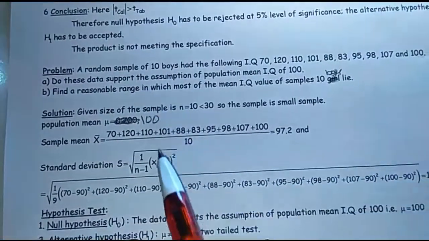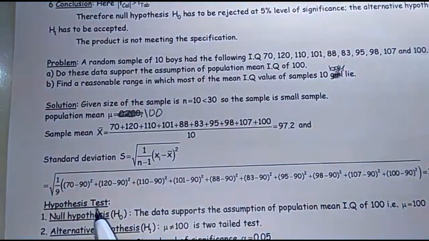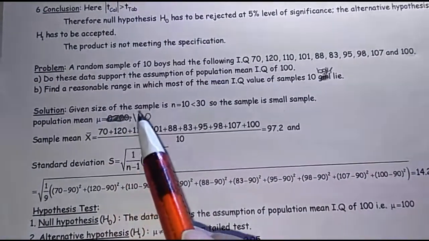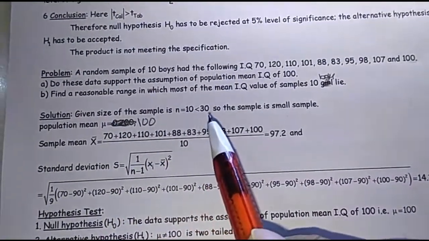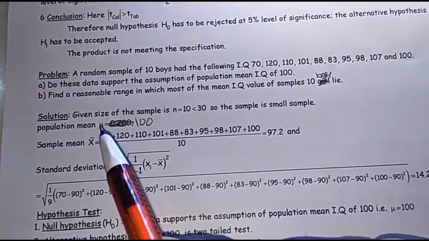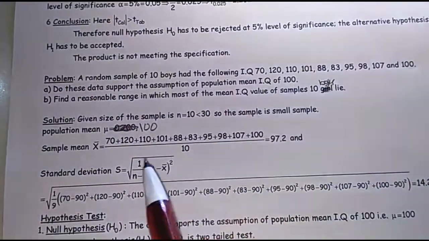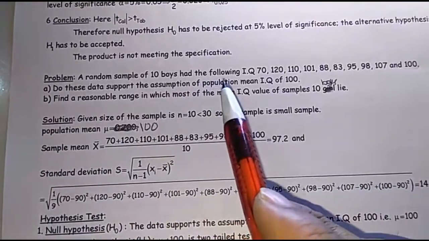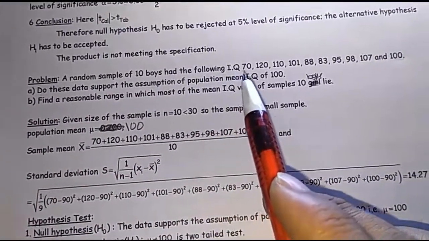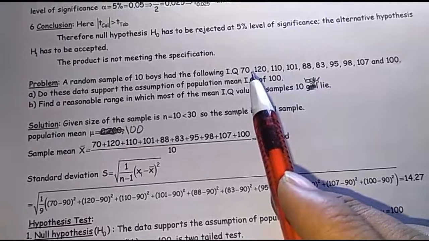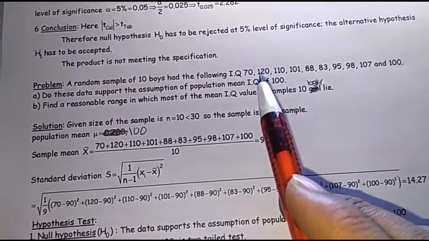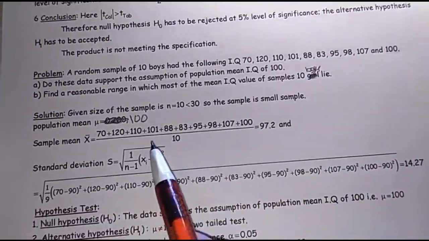Now first we check the testing hypothesis. Given size of the sample n equals 10, clearly less than 30, is a small sample. Population mean mu equals 100 is given. In this problem, only the data of the sample is given, so we have to evaluate the mean and standard deviation of the data.